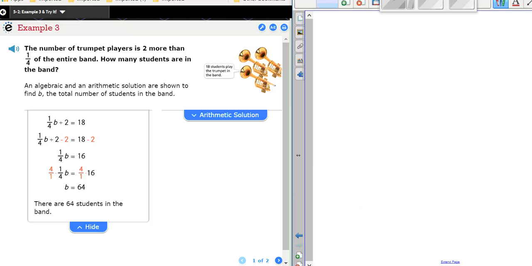All right, so what about the arithmetic solution? There's really another way we can solve this. We can first of all focus on solving for B right away. So we could say B equals, and this is where your mind goes a little bit in a different direction.